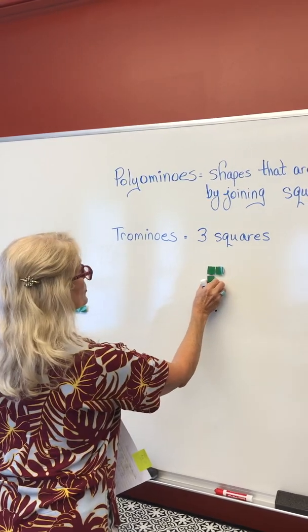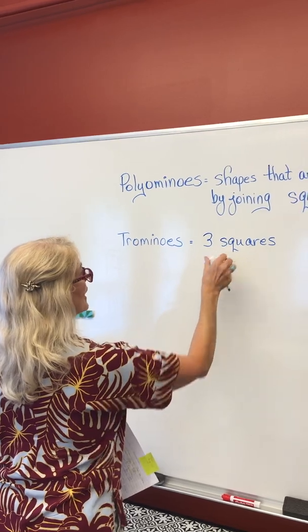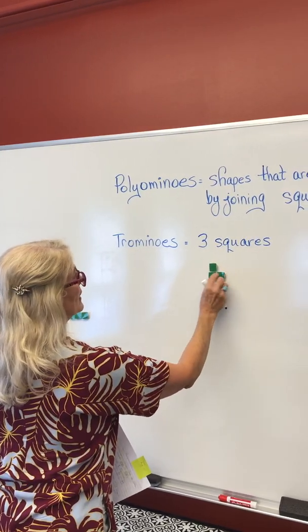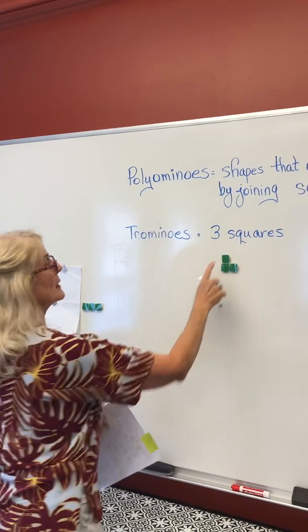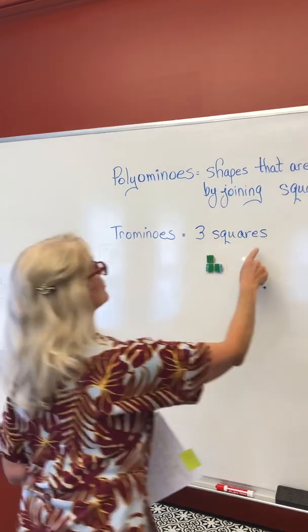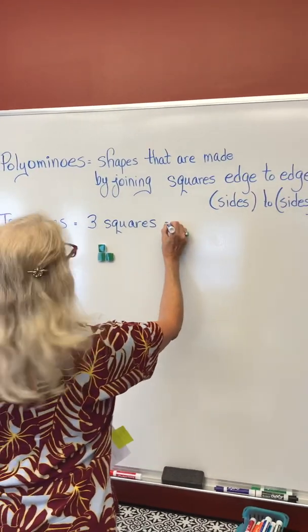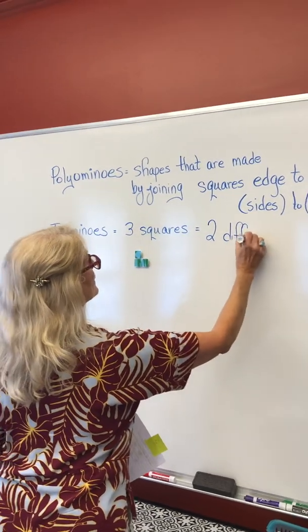I could move this square here, still the same shape, and here. So it only counts as one other shape. Even if it's rotated in space and looks a little different, it's the same formation, okay? So for trominos, for the three squares, we have two different shapes, all right?